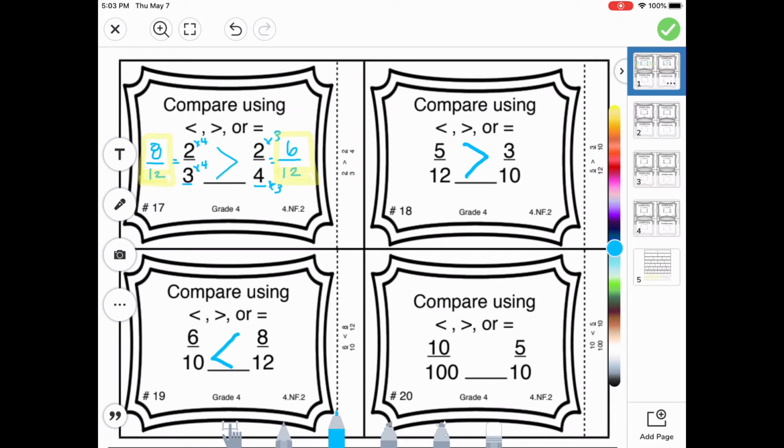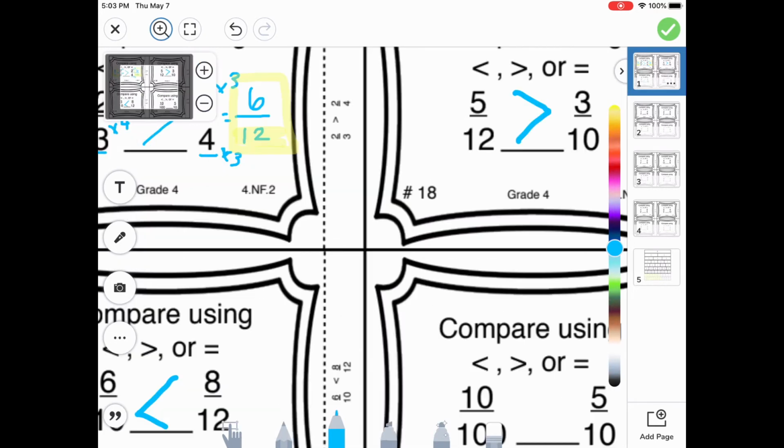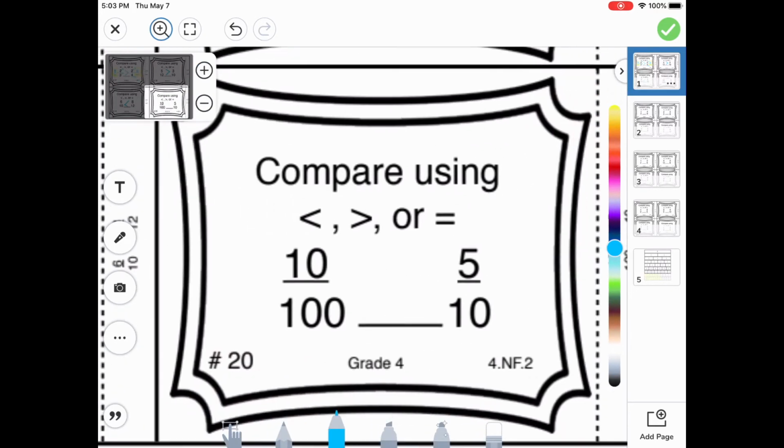The next problem, 10/100 or 5/10. On this problem, I actually think it'll be a little bit quicker for me to just find equivalent fractions. So what I'm going to do is multiply 5/10 by 10, because I know that 10 times 10 equals 100, and that would give me the same denominator for both of my problems.